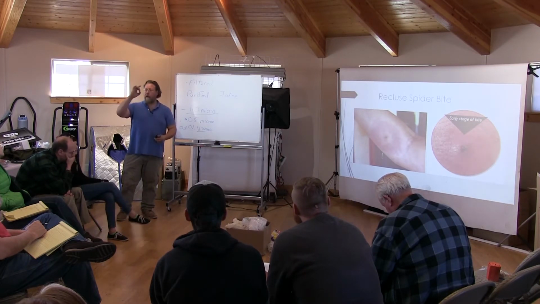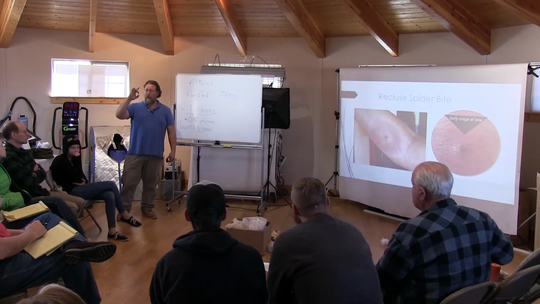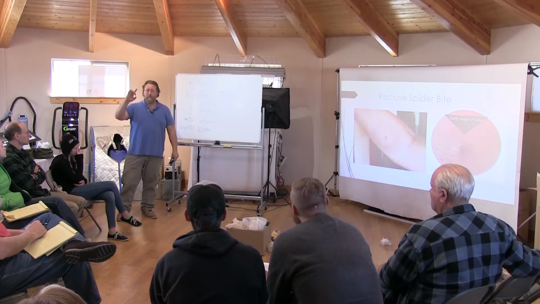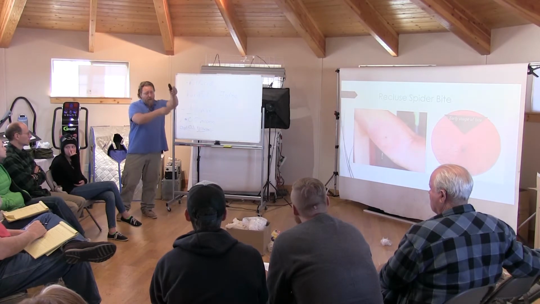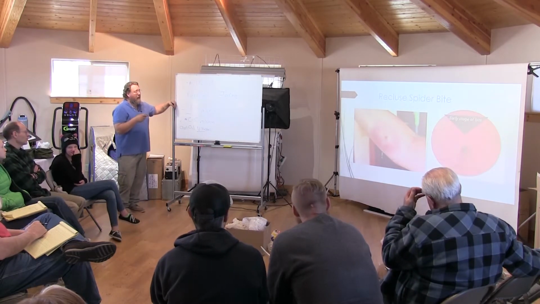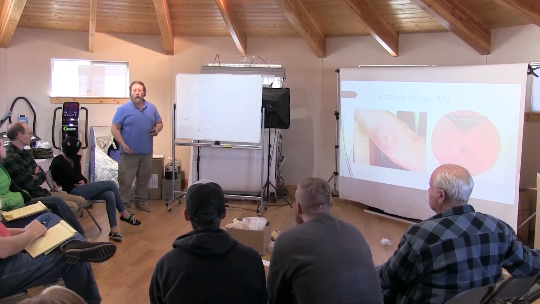If you're not taking out at least this size around that... How deep? That deep. So whatever that radius, so 1.5 inches deep. Because it's not going along the surface of the skin, it's going at 360 degrees. So most people that I have seen that have been bitten by a brown recluse have a hole, a cavity in their arm or leg wherever they've been bitten because they had to cut it out.